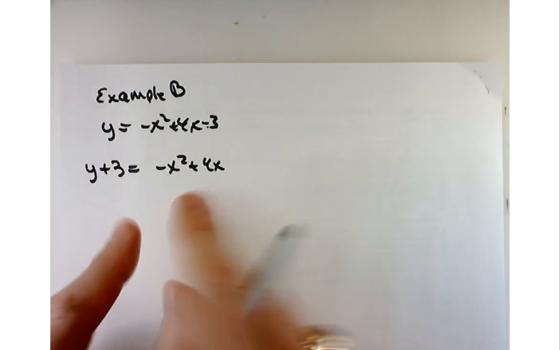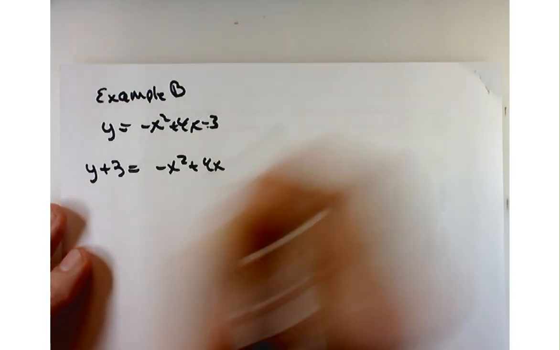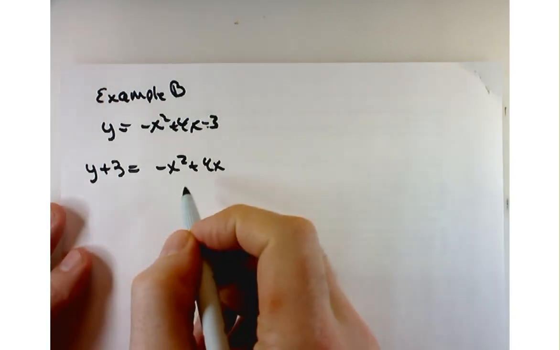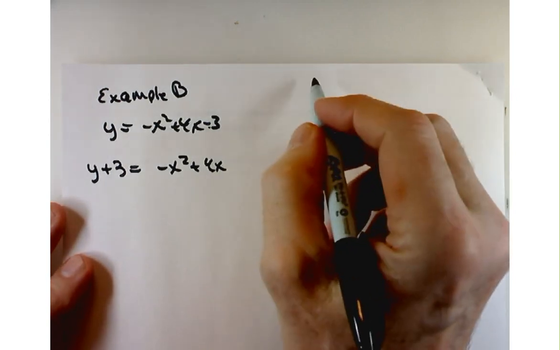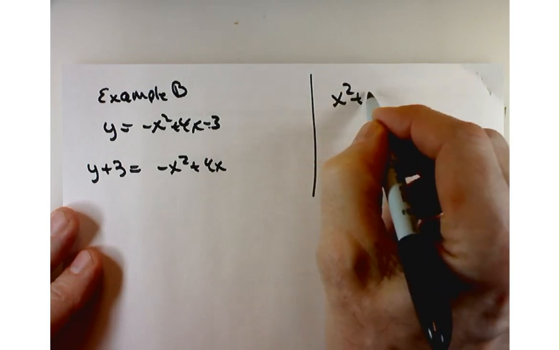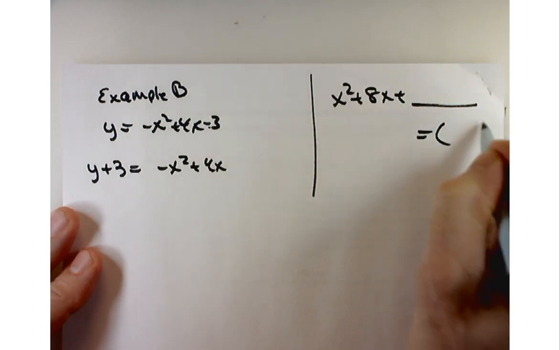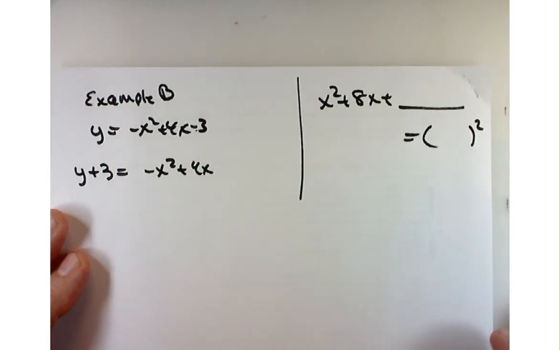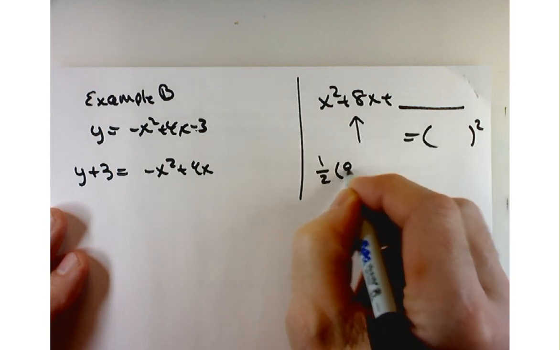Now, completing the square, that's something that maybe you remember, maybe you don't. So let me go through that carefully. If I had x squared plus 8x plus something, and I wanted to convert that into a perfect square, the first thing you're going to have to do is take half of that middle coefficient.